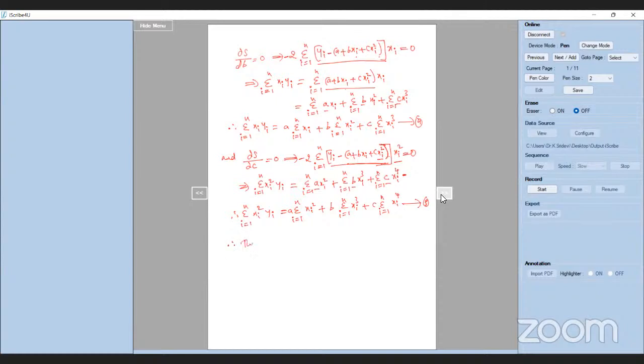So these 3 equations, 3, 4 and 5, are called normal equations for the second degree polynomial, or you can also say parabolic least squares approximation.